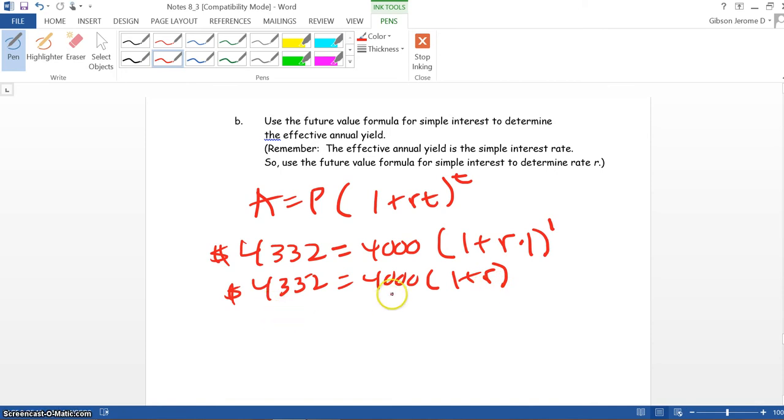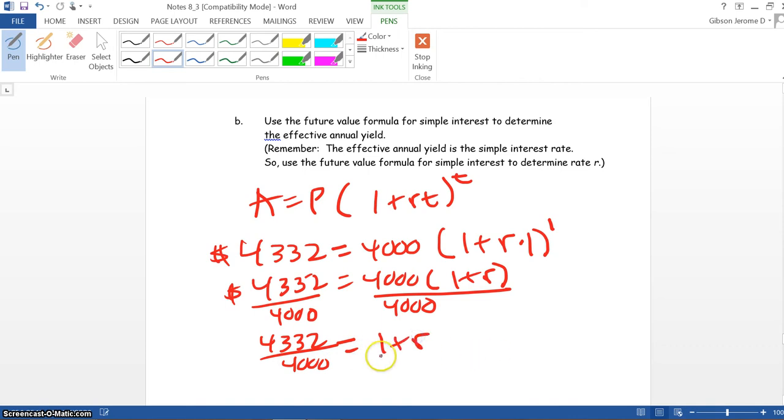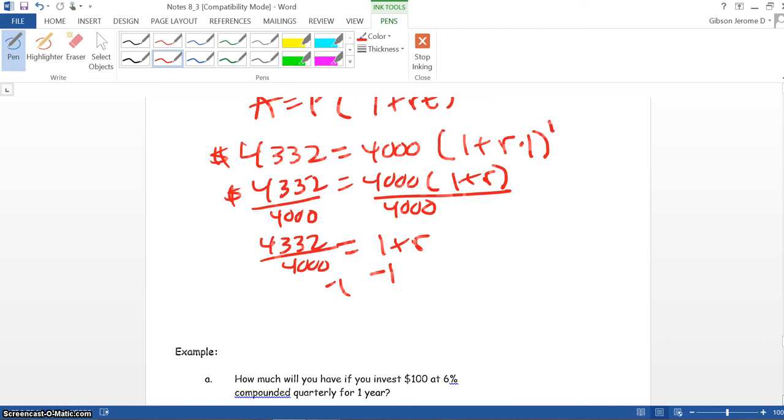So now we can divide both sides by 4,000. Remember, we're trying to get R by itself. So now we will have 4,332 over 4,000 is equal to 1 plus R. Now we will subtract 1 on both sides.